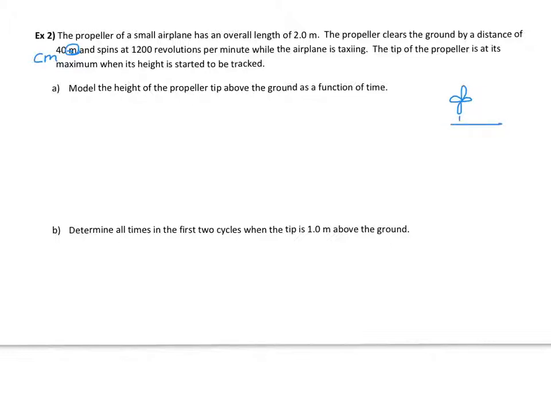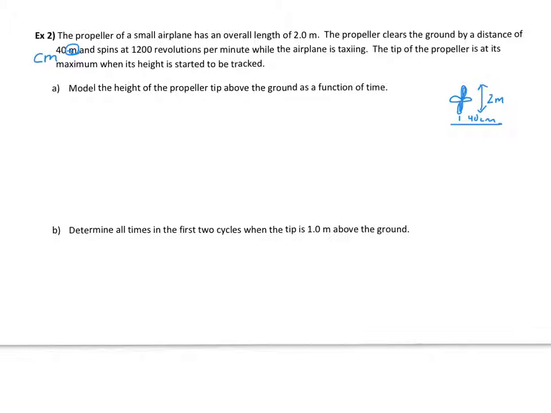We've got 40 centimeters being the distance that the propeller is going to clear the ground by. And then the propeller itself has an overall length of 2 meters. So the 2 meters was intended to be from top to bottom, so 2 meters there, or 200 centimeters.